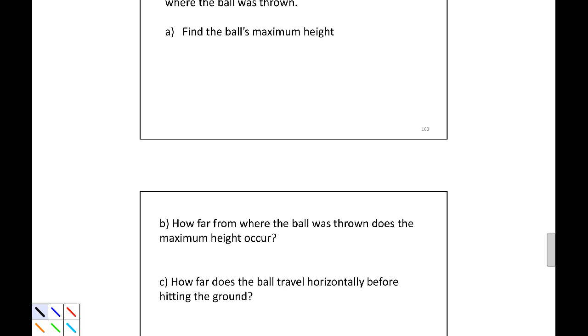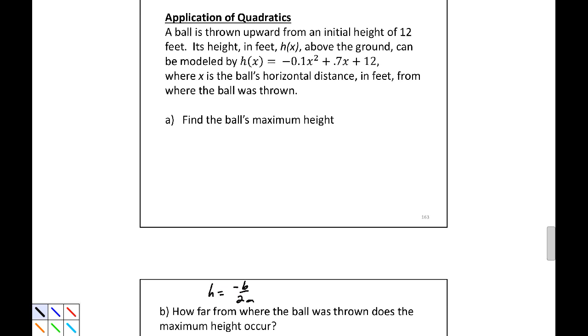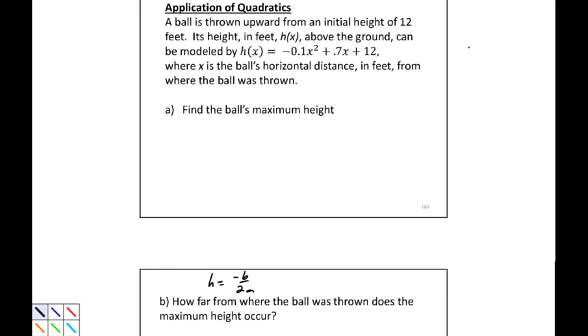How far from where the ball is thrown does the maximum height occur? Well, let's say h equals negative b over 2a. My a, b, and c: a is negative 0.1, b is 0.7, and c is 12. So this will be negative 0.7 divided by 2 times negative 0.1.